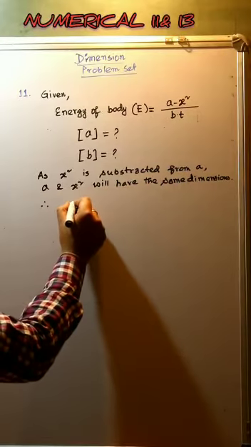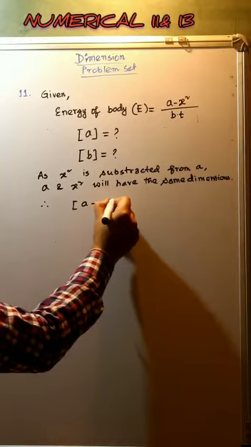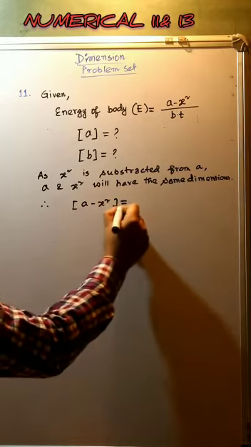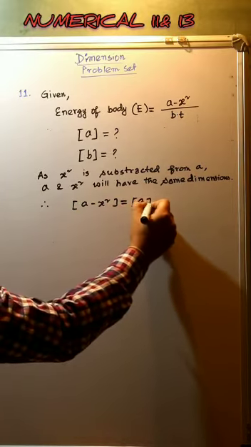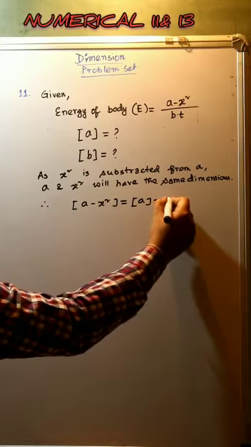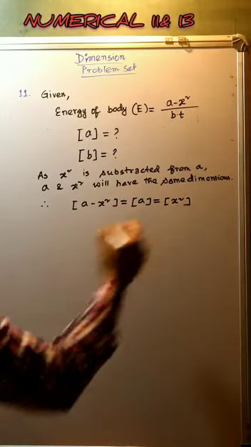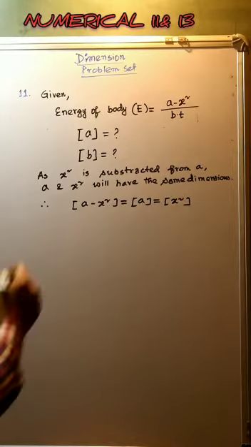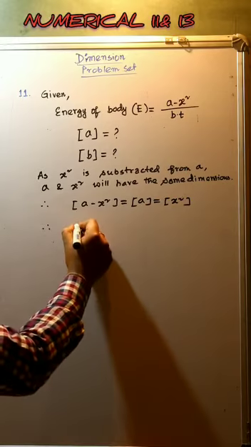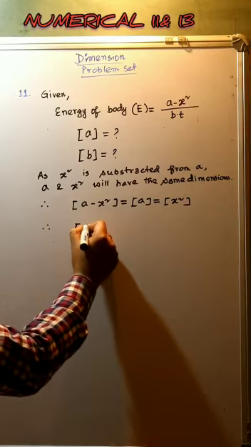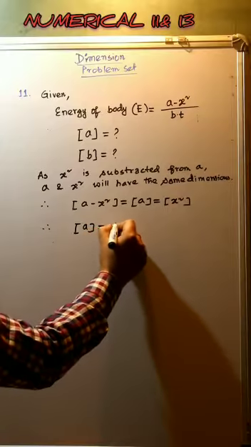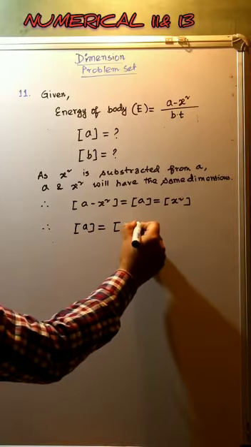Therefore, the dimension of A minus x square will be equal to the dimension of A, or equal to the dimension of x square. So, therefore, dimension of A is equal to dimension of x square.